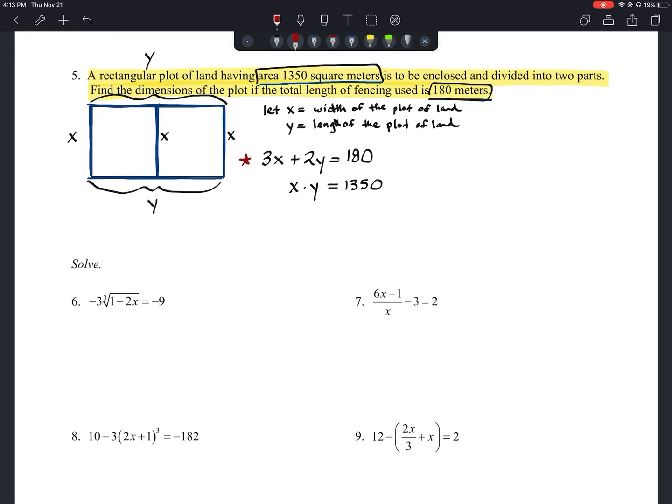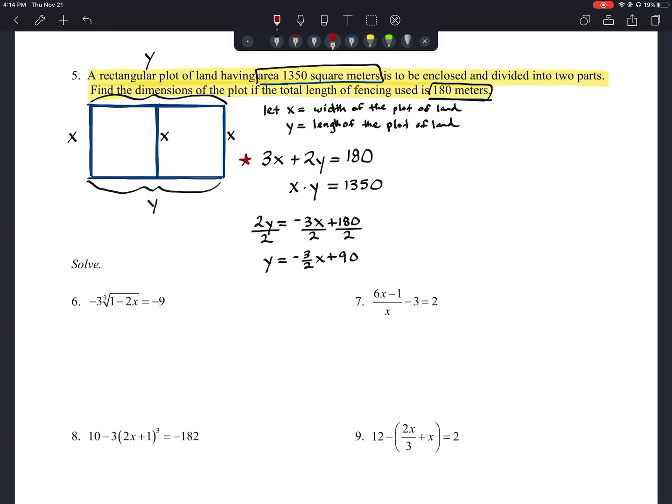So we're going to have 2Y is equal to negative 3X plus 180. I subtracted my 3X from each side, and then I'm going to divide the whole thing by 2. So I have that Y is equal to negative 3/2 X plus 90.